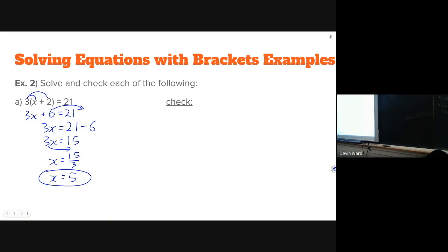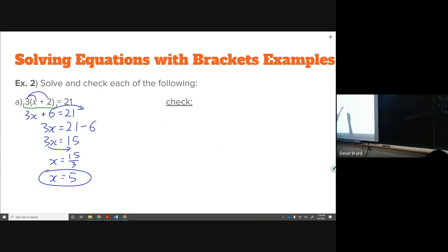Okay. Now, let's check. 3x plus 2 is my left side. So 3 times 5 plus 2. Remember, I'm going to do brackets first here, right?